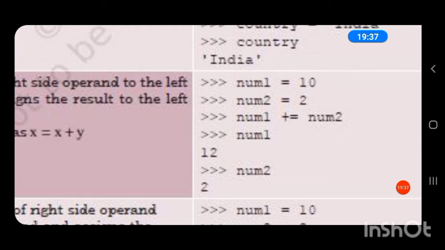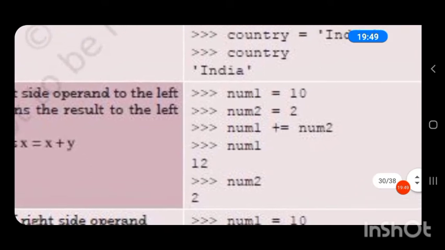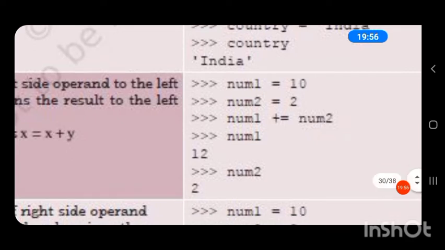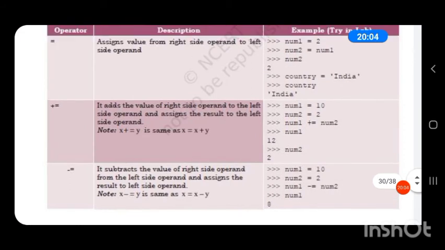Initially num1 has the value 10. The new value of num1 will be the current value of num1 plus num2, that is 10 plus 2. So num1 will have the value 12, and num2 will have the same value because no change is made to the variable num2.